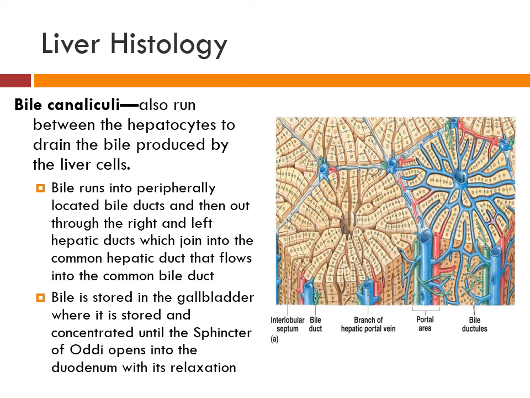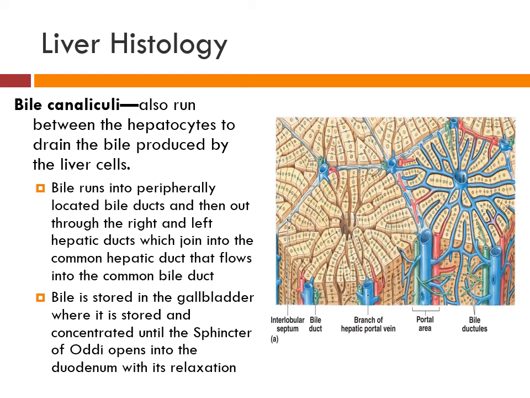So we know that our bile is created by the hepatocytes, but then we need to get it into the duodenum. So we have these things called bile canaliculi, and they look a bit like the canaliculi that we learned in compact bone. They are pockets that are between the hepatocytes within these plates in the lobules, and they collect the bile.